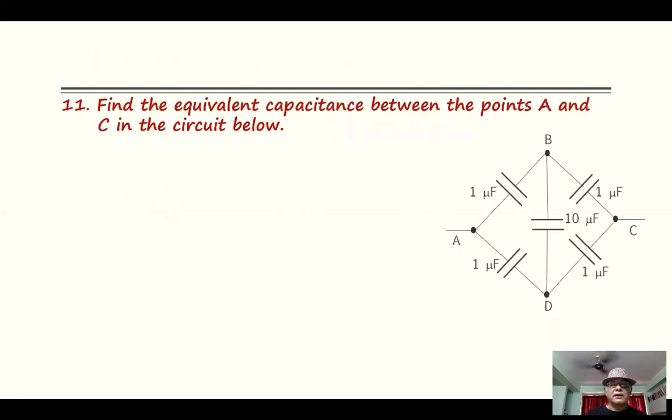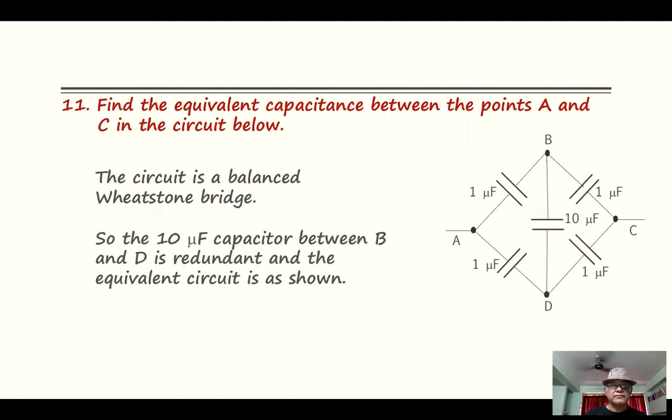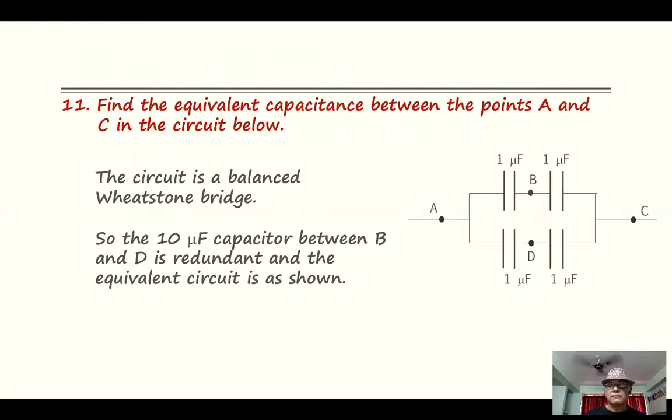Problem 11. Find the equivalent capacitance between the points A and C in the circuit below. The circuit is a balanced Wheatstone bridge. So, the 10 microfarad capacitor between B and D is redundant, and the equivalent circuit is as shown.